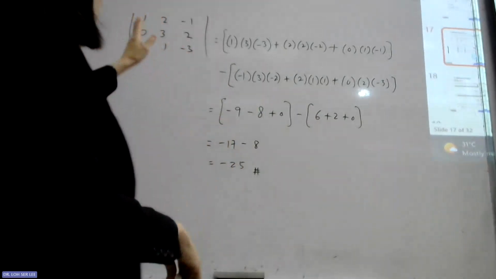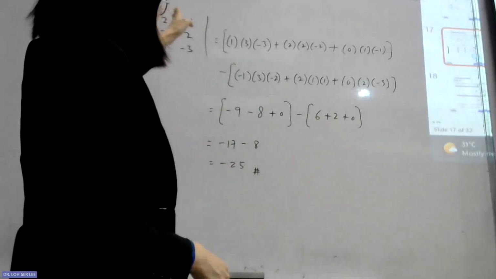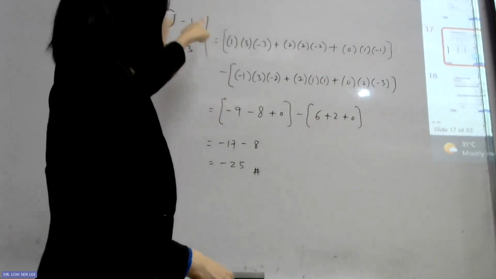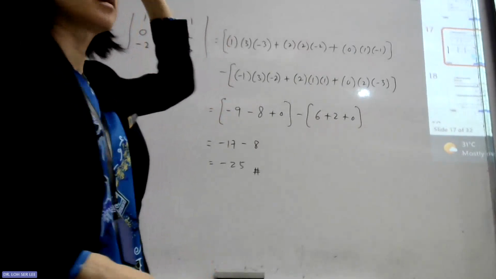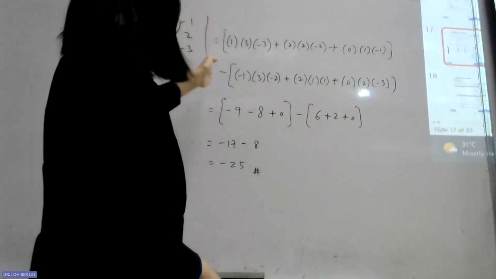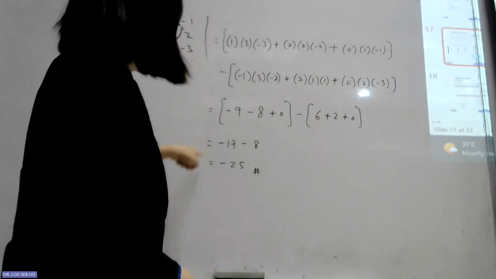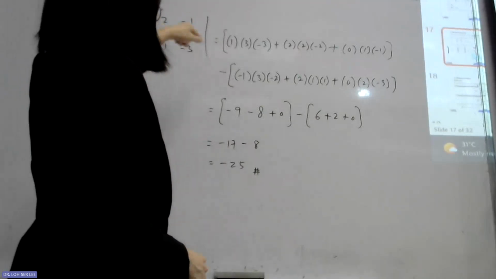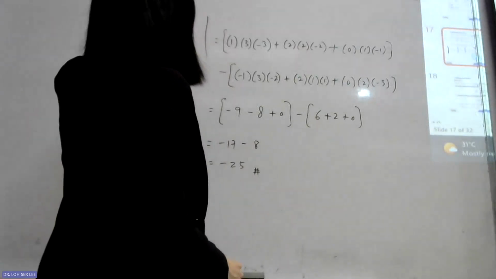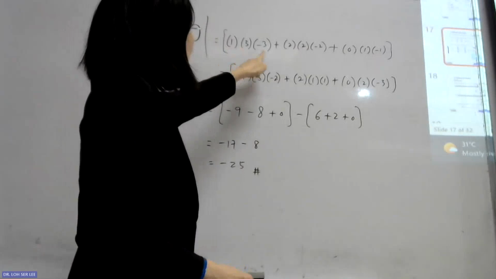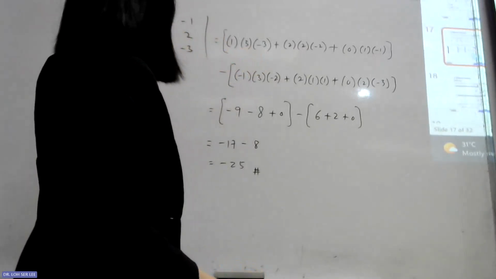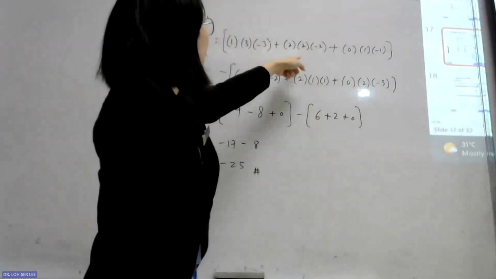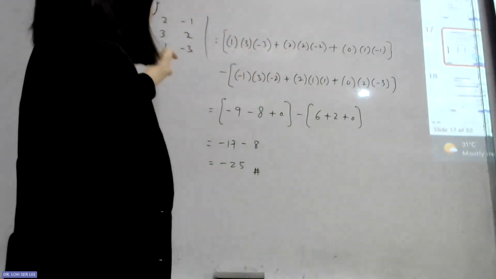So I repeat. When you want to compute the determinant, make sure this is not a bracket. Bracket means a matrix. These two lines mean this is equal to the determinant. So this direction first, 3 in a group, you find the product, and then plus these two with this one, and plus these two with this one.